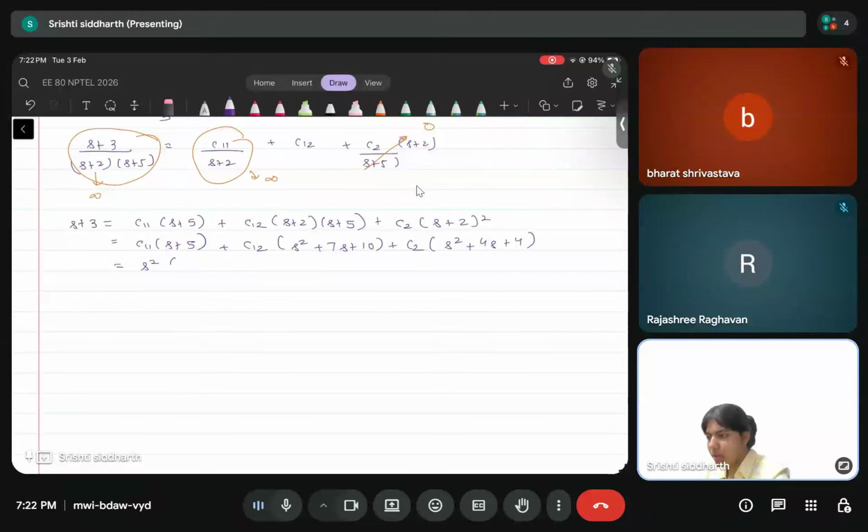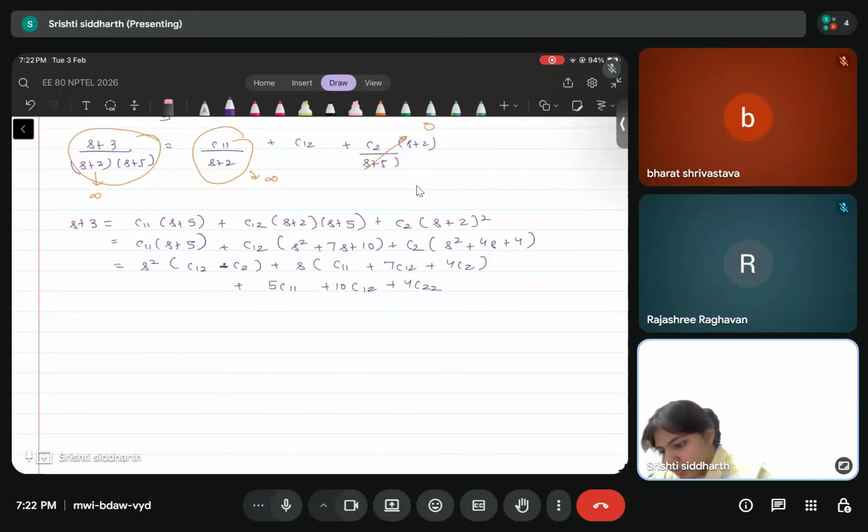So our S squared terms are C12 plus C2, plus S times C11 plus 7C12 plus 4C2, plus 5C11 plus 10C12 plus 4C2. Let's check if this is correct.